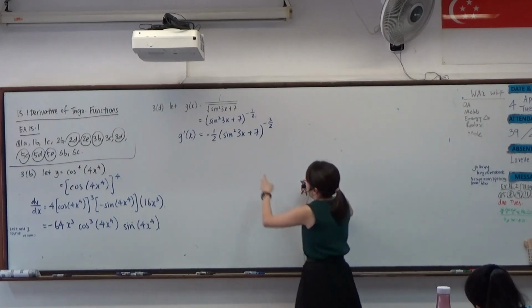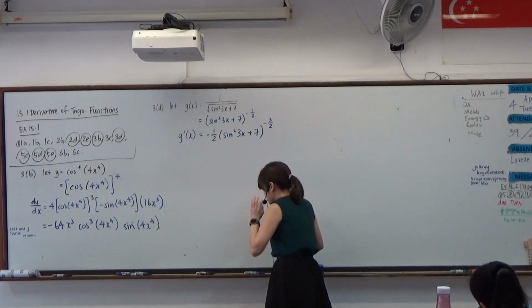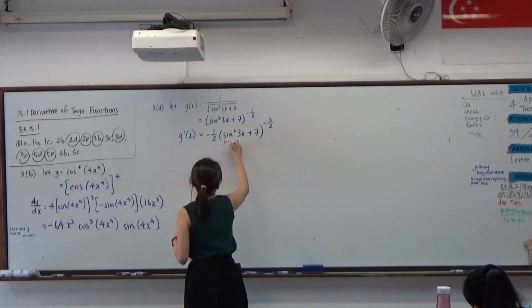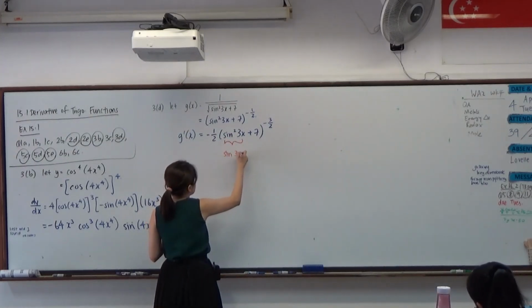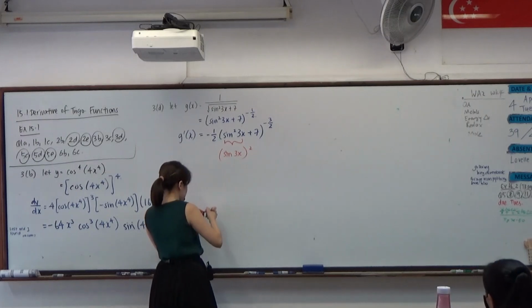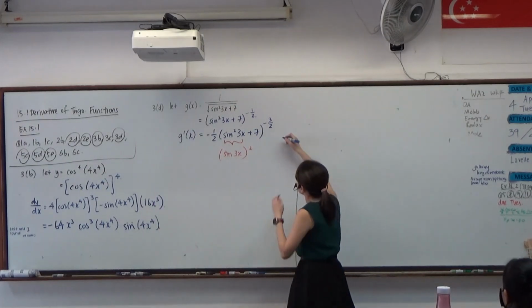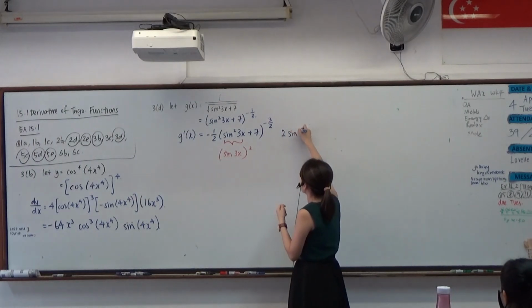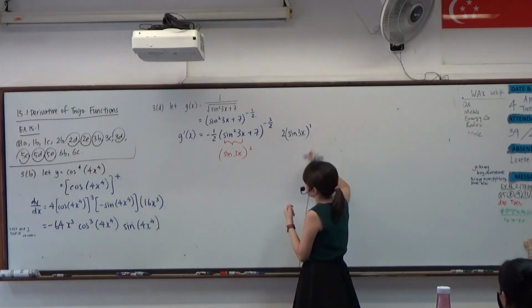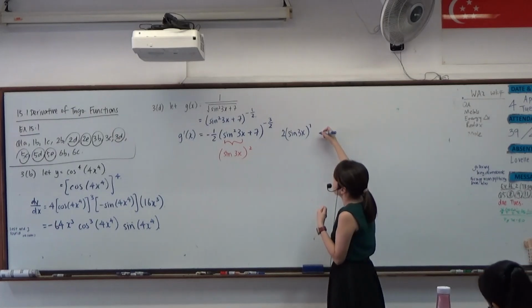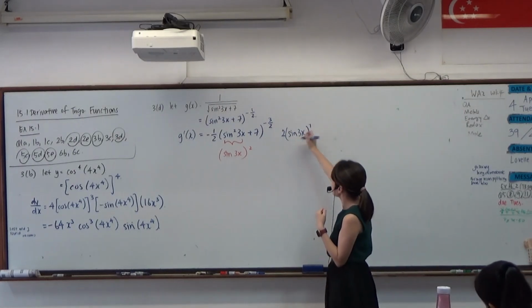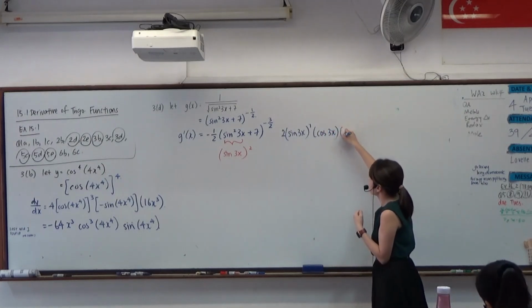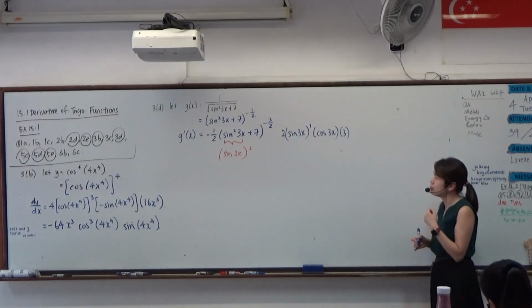So sine square is actually the same as considering sine 3x whole thing square. Therefore we can bring our power down to sine 3x to the power of 1. Then after that, differentiate the sine, we will get cosine 3x. Differentiate the angle, 3x, we will get 3.